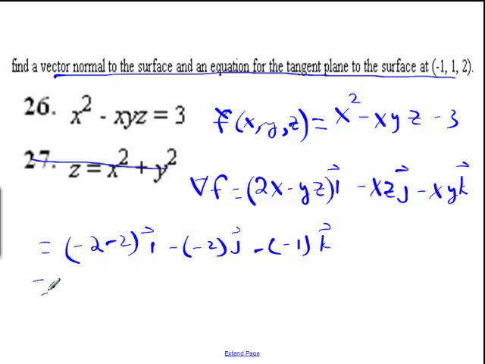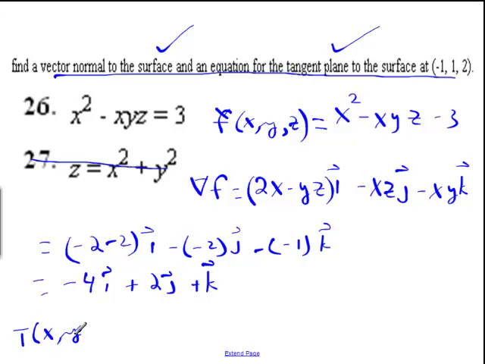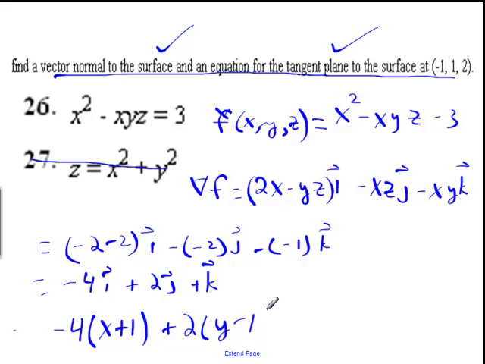Simplifying that, we've got our normal vector, which is just our gradient vector, negative 4i plus 2j plus k. So that's our vector normal to the surface. So the equation for the tangent plane equals negative 4 times (x plus 1) plus 2 times (y minus 1) plus 1 times (z minus 2).